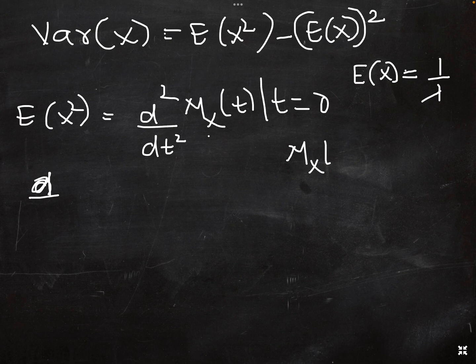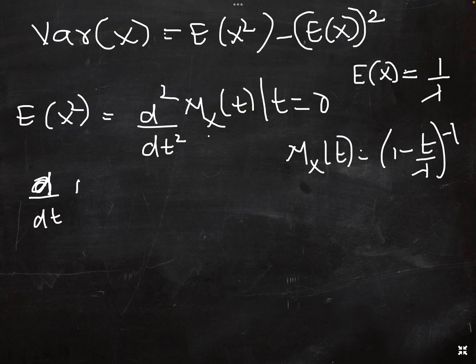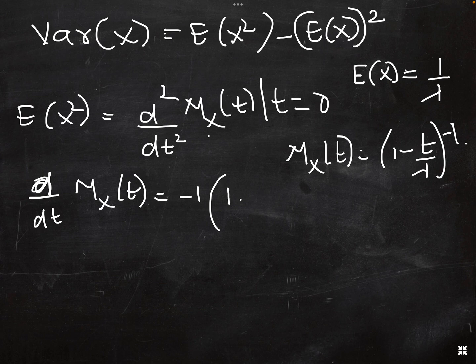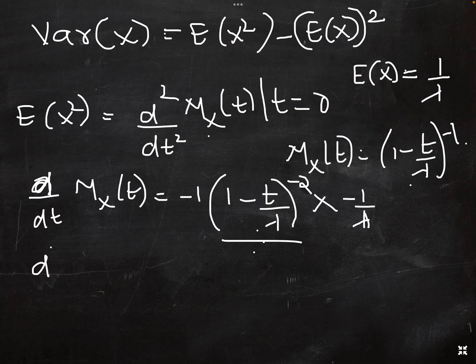What was Mx of t? Mx of t was 1 minus t by lambda the whole inverse. So d by dt of Mx of t is minus 1 into 1 minus t by lambda to the power minus 2, into the derivative of t by lambda, which is minus 1 by lambda. And again differentiate it with respect to t, that is d square by dt square of Mx of t.